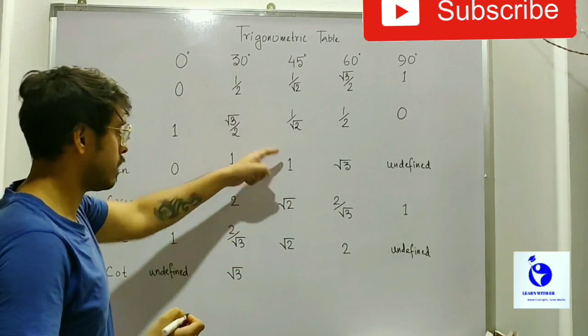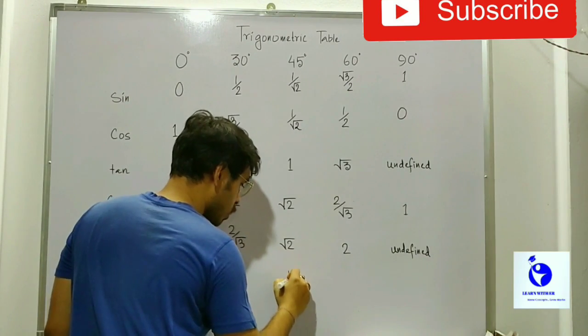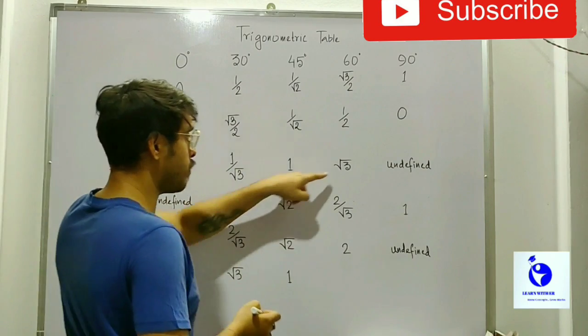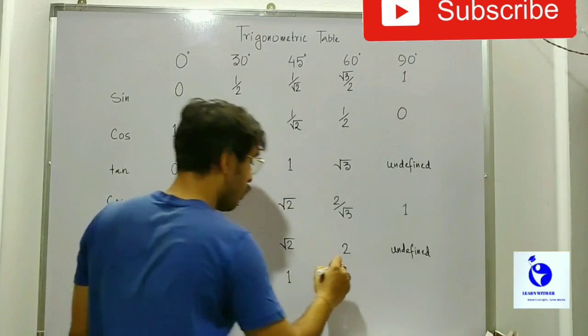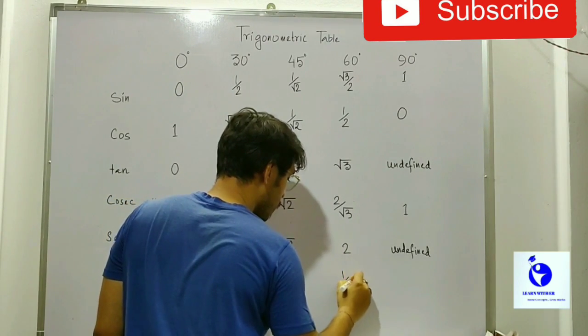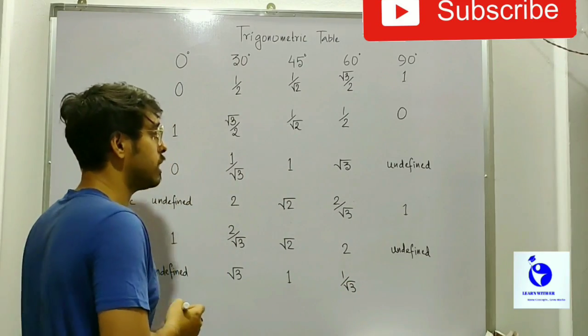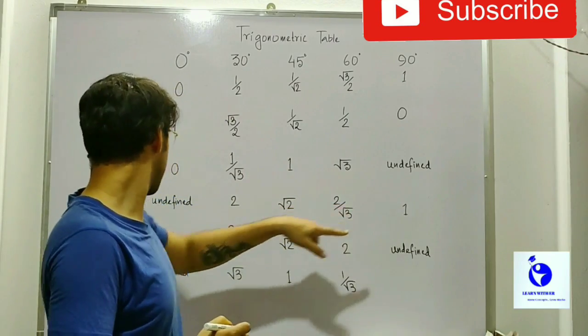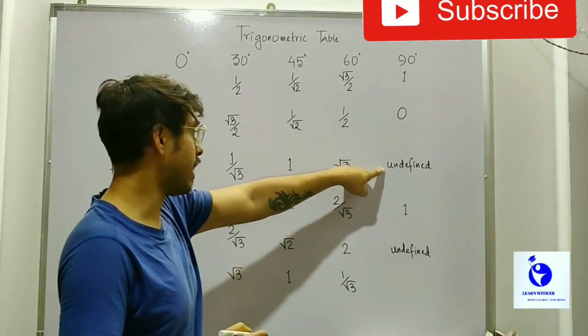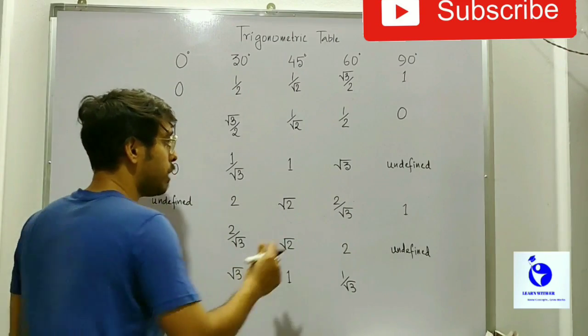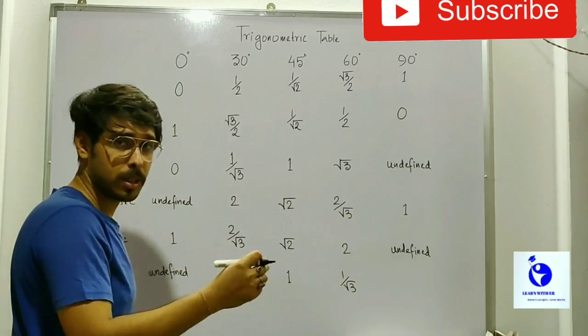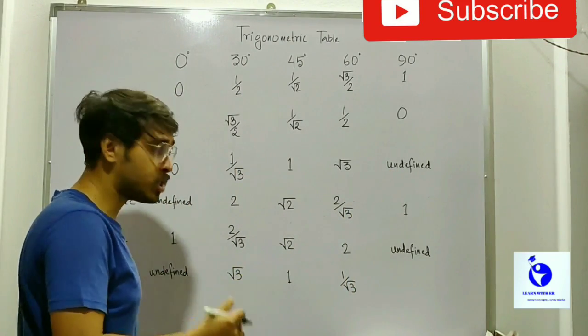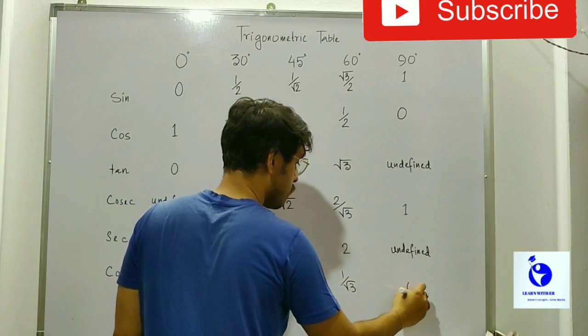Then we have 1, so obviously reciprocal will also be 1. Then we have root 3, so it will be 1 by root 3. And finally we have undefined, so undefined means 1 by 0. So the reverse of that will be 0 by 1, which is 0.